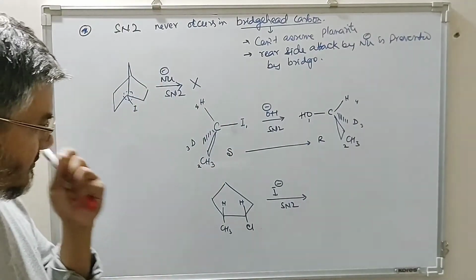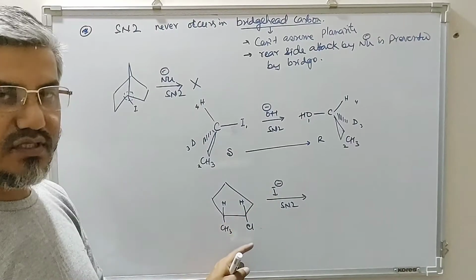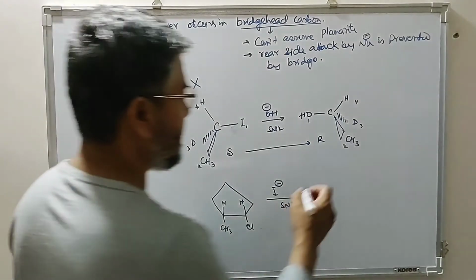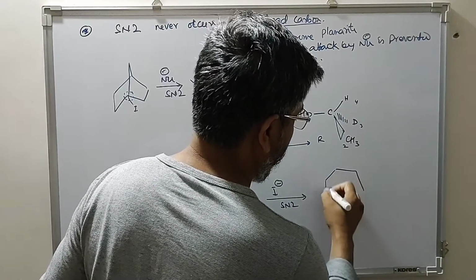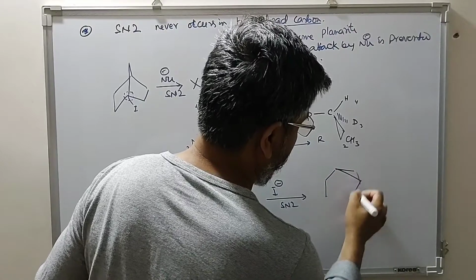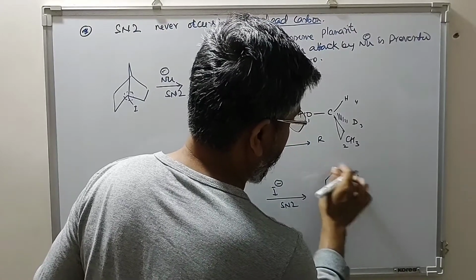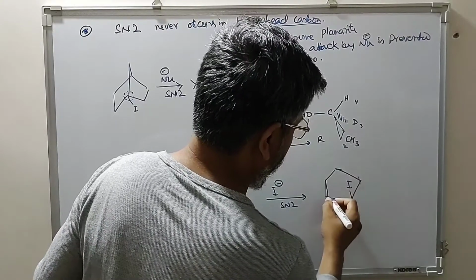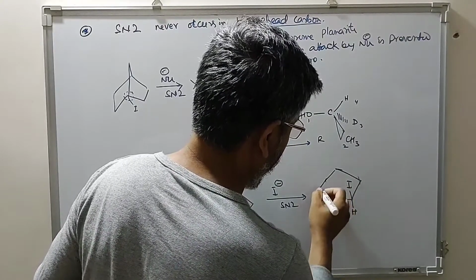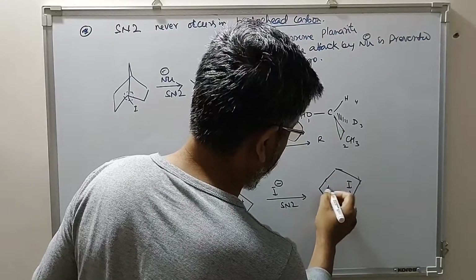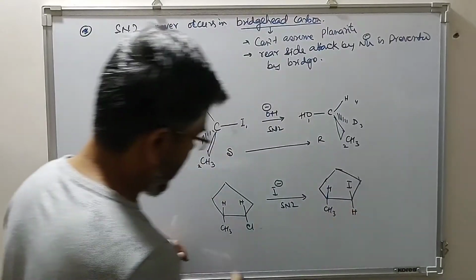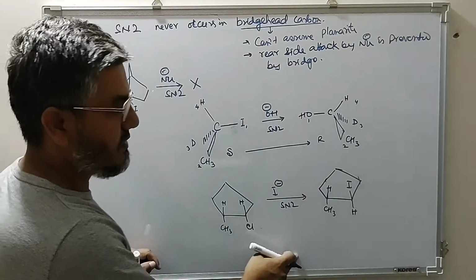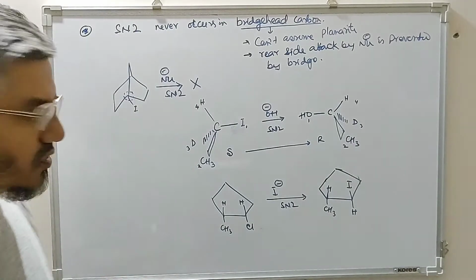Now the question says for this SN2 there must be rear side attack. If the rear side attack is taking place, then there must be inversion of configuration. So the configuration will be, look at this: Cl and the group were on the same side, now they are on opposite sides.